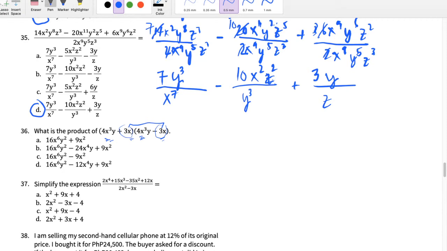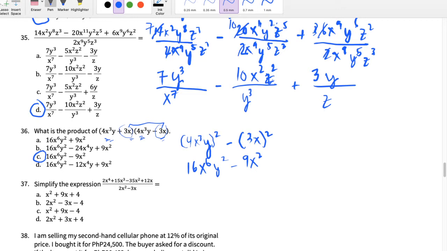The answer here would be this 4x cubed y squared minus the term with the opposite signs, 3x squared. Okay, so this is equal to 16. We just distribute the square, so times 2 the exponents. x raised to 6, y squared minus 9x squared. Answer here is letter C.